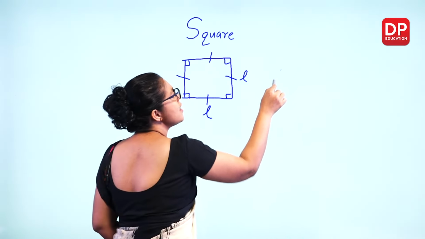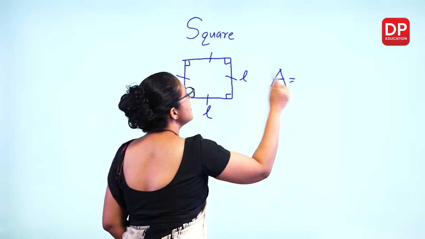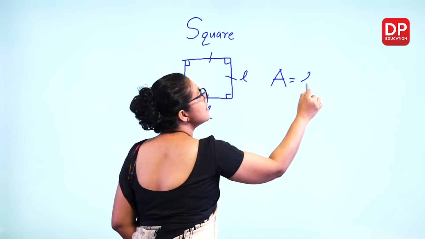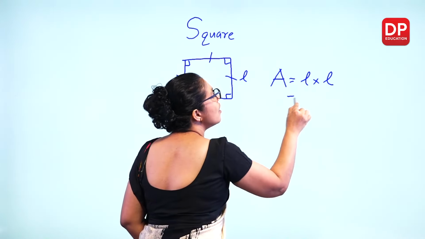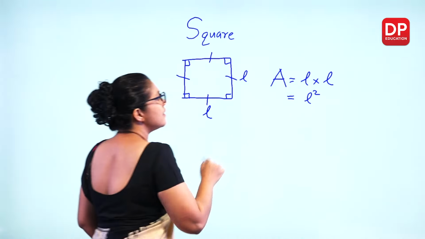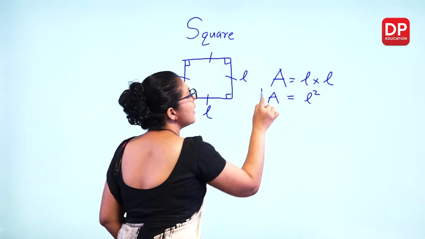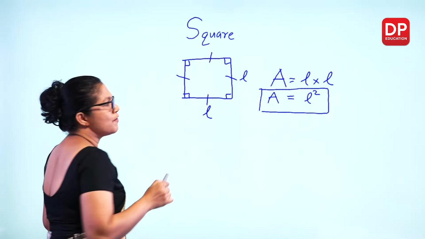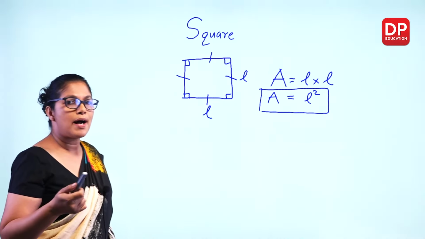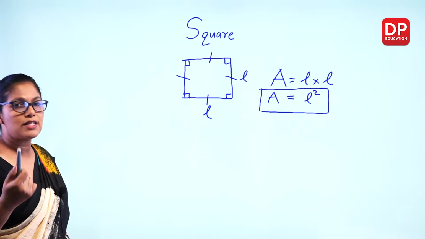We can straight away use A equals L times L or L squared. So I can highlight this. If you know one side, just multiply the value by itself.